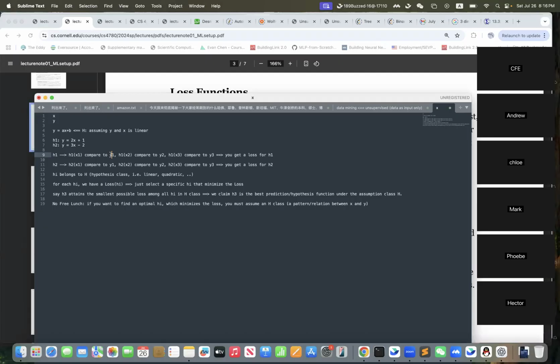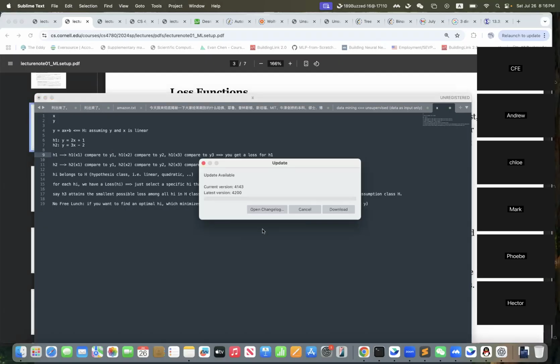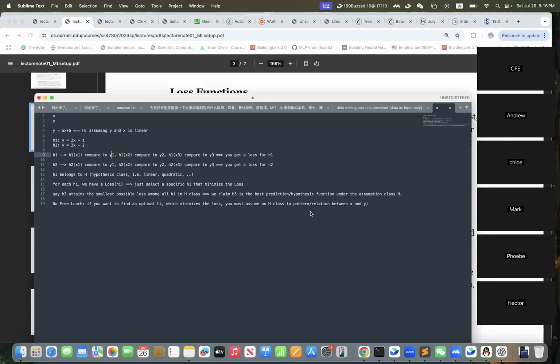If h1(x1) does not equal y1, then we make a mistake and our loss increases by one. So making the fewest mistakes is equivalent to making a small loss, as small a loss as possible. So few mistakes means small loss.